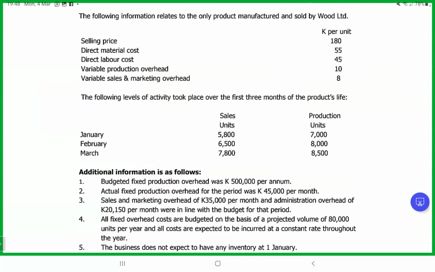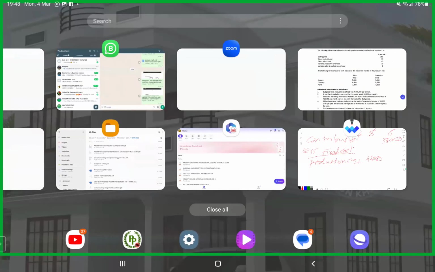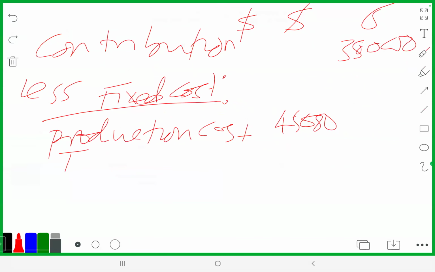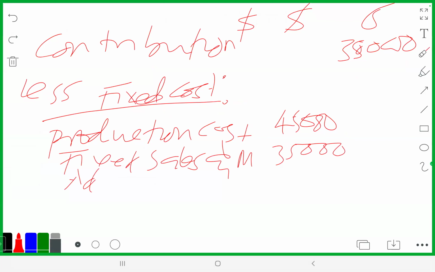Yes, sir. The administrative overhead is 20,150. Then you add all these together, and we subtract the total from the contribution.